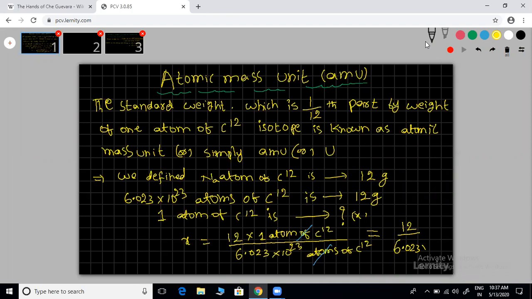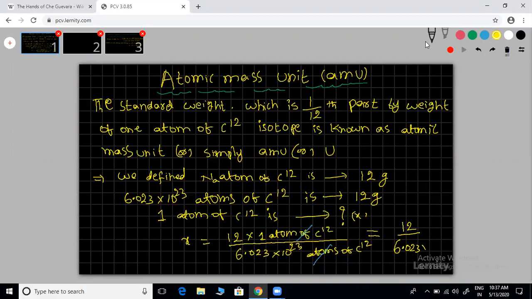I hope everyone knows that atoms and molecules are not in the visible range. Those are very small, tiny particles. If you observe our textbooks, they wrote hydrogen atom weight is 1 gram, nitrogen atomic mass is 14 grams, and oxygen 16 grams.